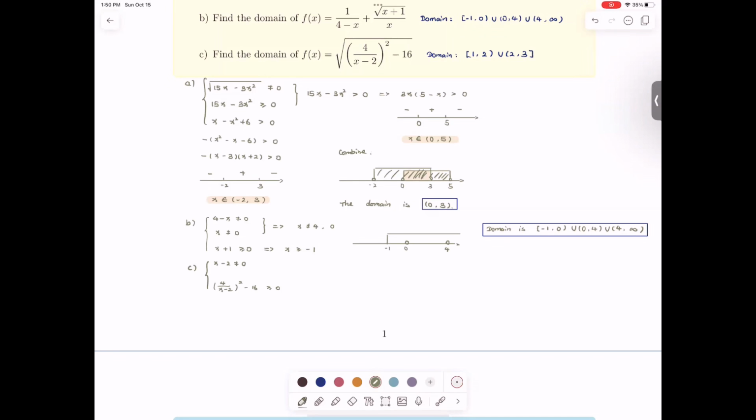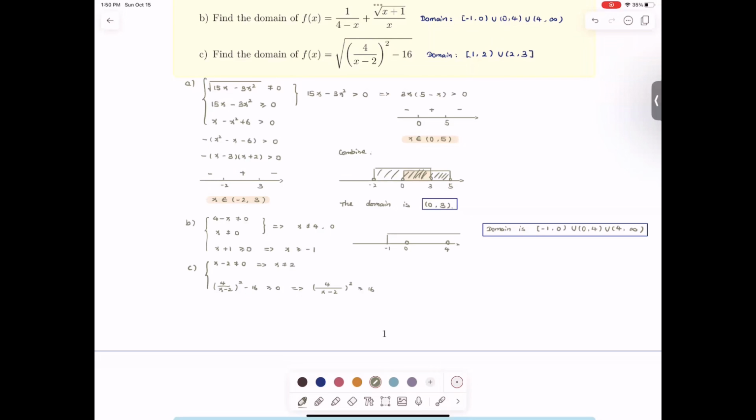Okay, and the first inequality will give me x cannot be 2, which should be clear for everyone. The second one, you can move things around, right? So move 16 to the other side. You have 4 over x minus 2 squared is bigger than or equal to 16.